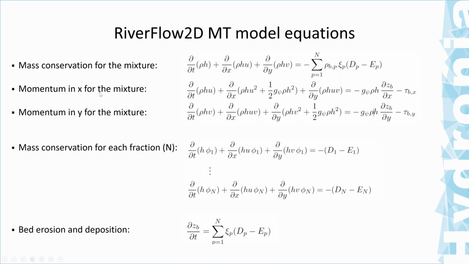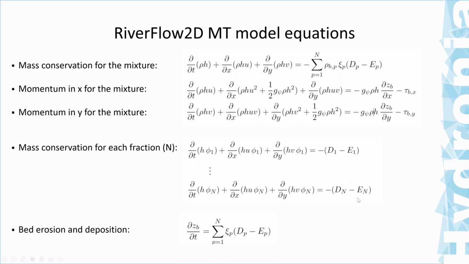We have the momentum equations in the X and Y direction for the mixture, and the mass conservation for each sediment fraction. So we have n fractions, we have n different equations. And then we have the bed erosion deposition equation that tells, based on the solution, how the bed is eroding or depositing, if that's the case.